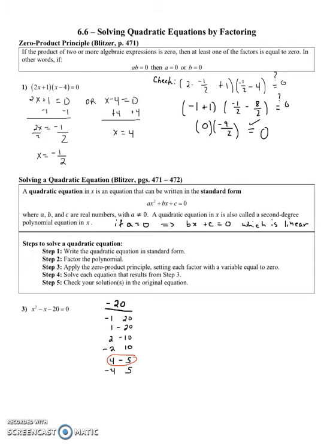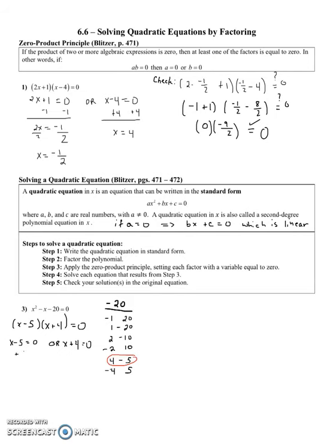So we know that this factors into (x - 5)(x + 4), and that equals 0. So either x - 5 = 0 or x + 4 = 0.